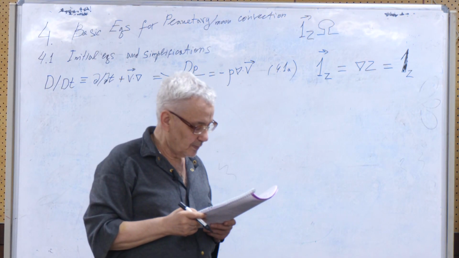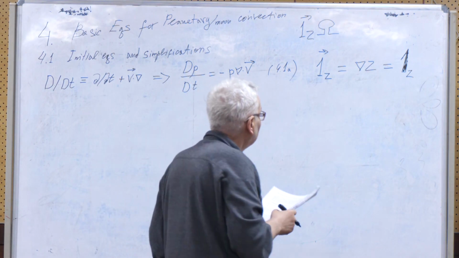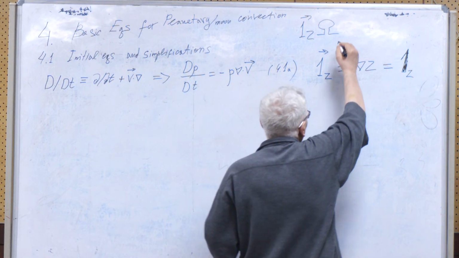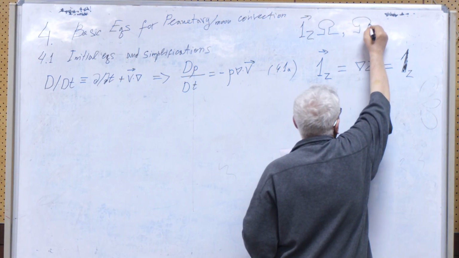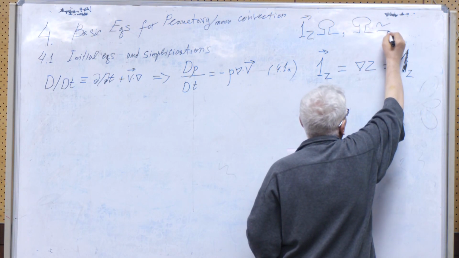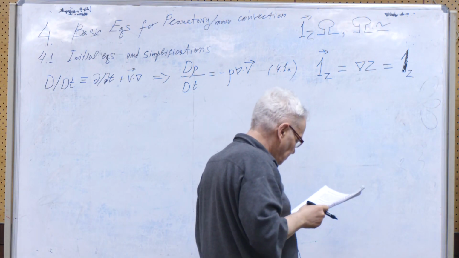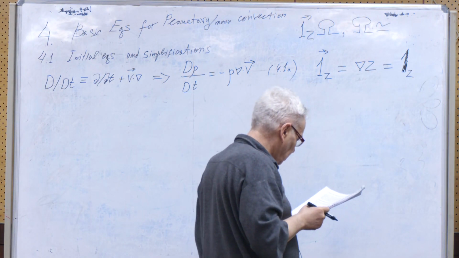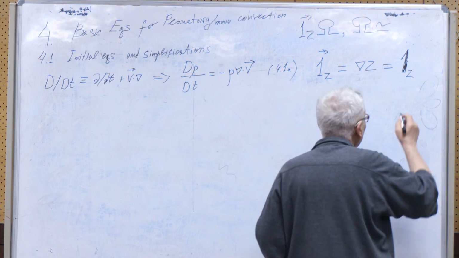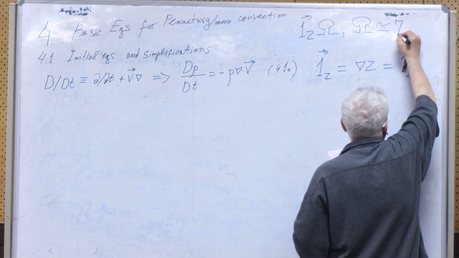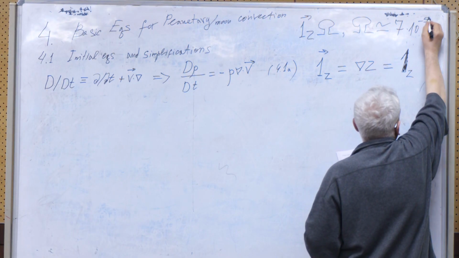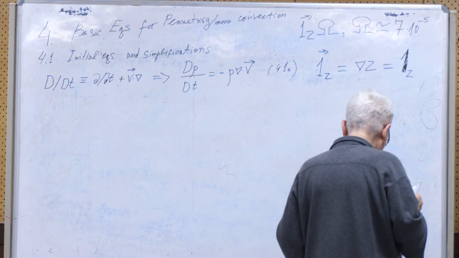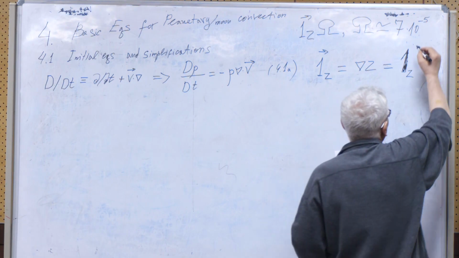It's useful to have the value of this angular rotational rate. For the Earth case, it's approximately, but with very good accuracy, 7 times 10 to the minus fifth per second.